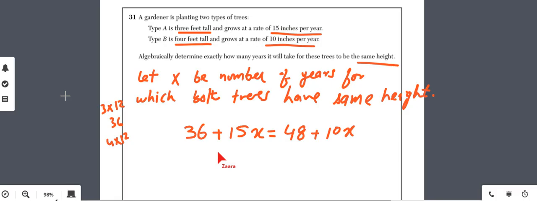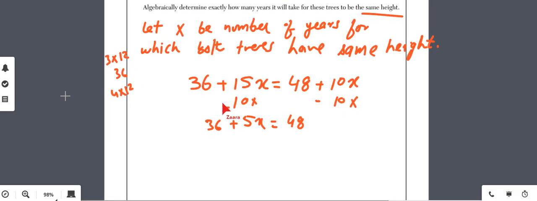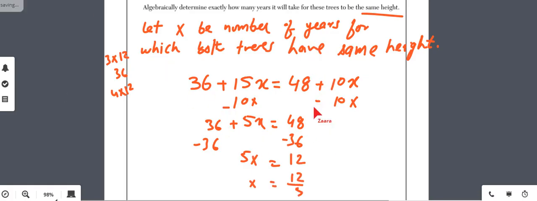I will subtract 10x from both sides because I want to have the same variables. So it will become 5x equals 48. Then I will subtract 36 from both sides. So I will get 5x equals 12. So x will become 12 by 5, which is 2.4.